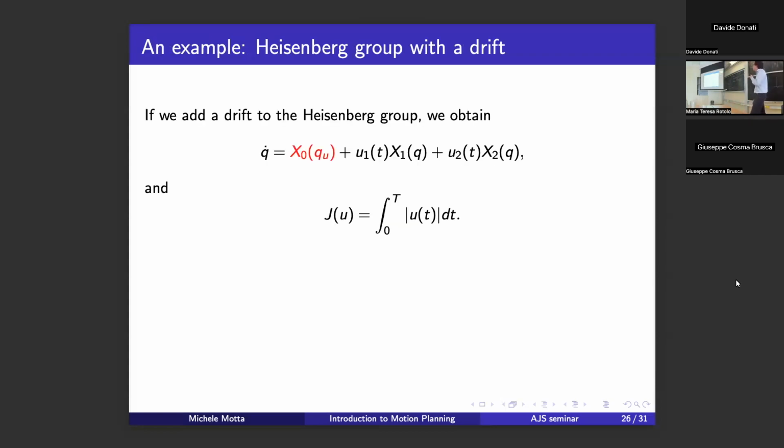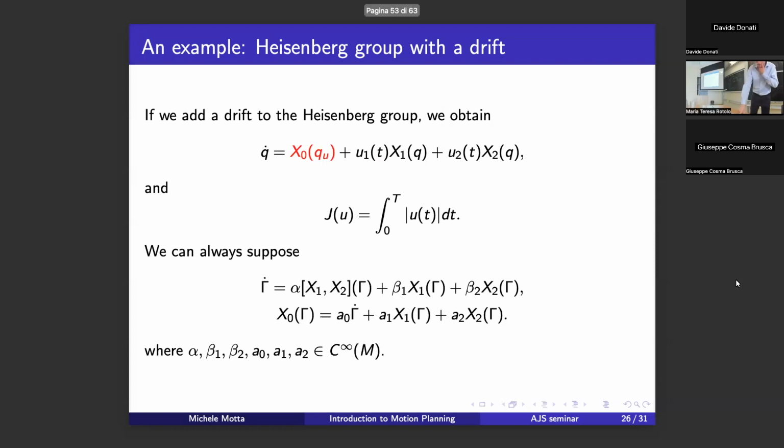And for instance, on the Heisenberg group, the equation is the following. So you add the drift, the functional is the same, and you can decompose the tangent vector of the curve gamma into two directions, one which is tangent to the distribution, and the other direction.